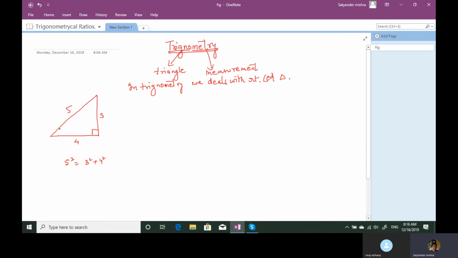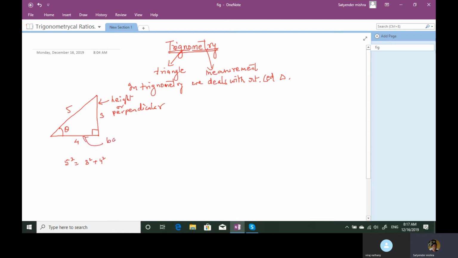So this is the angle, and the measure of this angle is theta. This is the height, which we can call perpendicular.